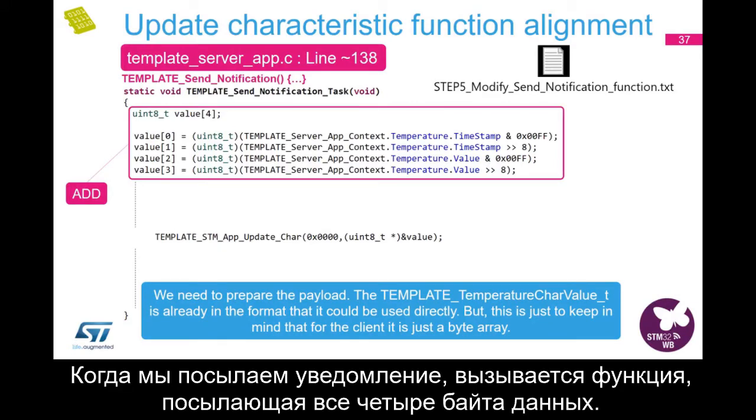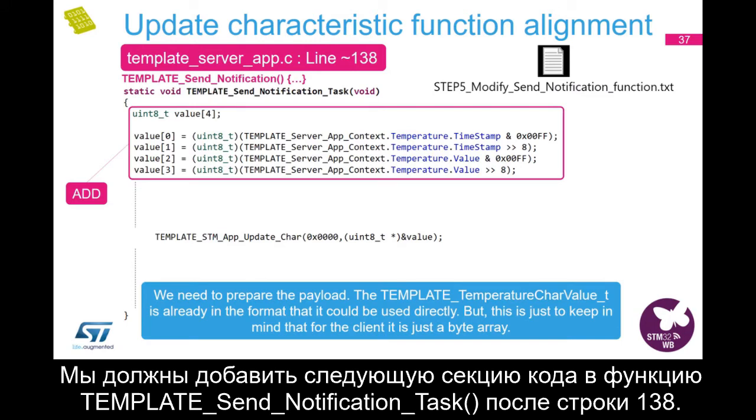Now we need to send the update characteristic function so that when we send our notify that there's a task happening, we send all our bytes now. We're going to send our 4 bytes. So we need to add this section at line 138, which is the send notification task.